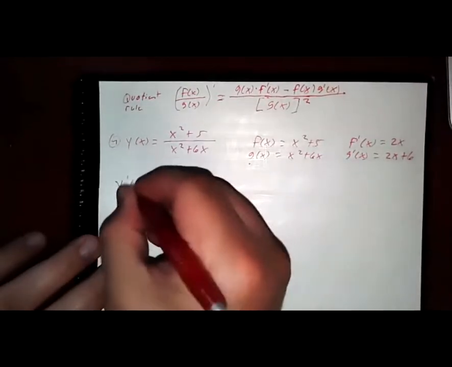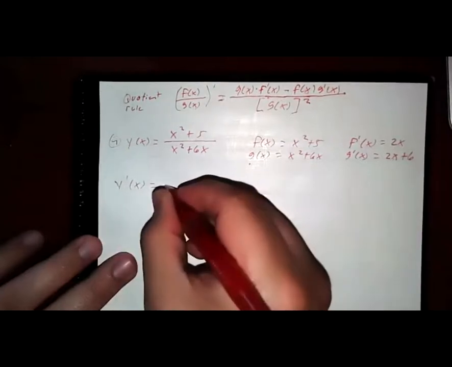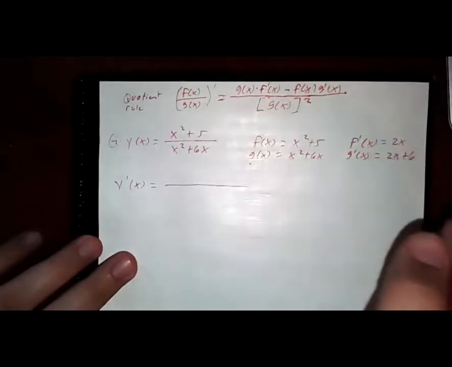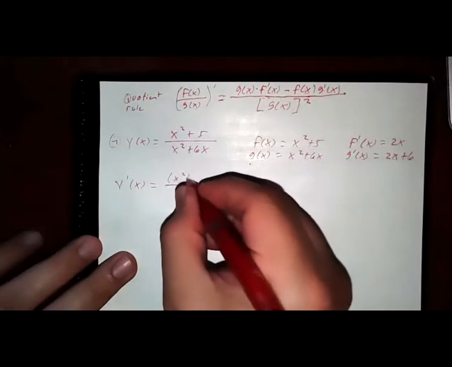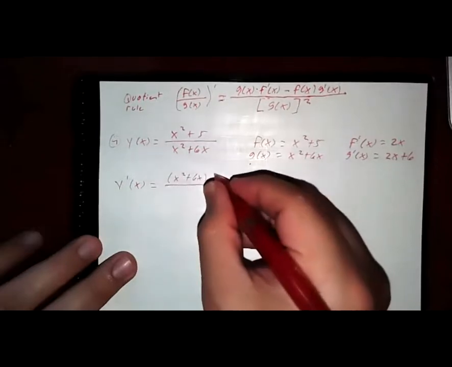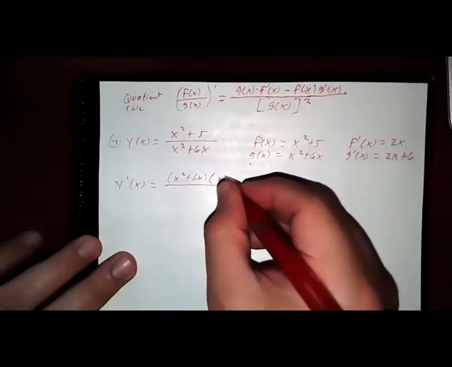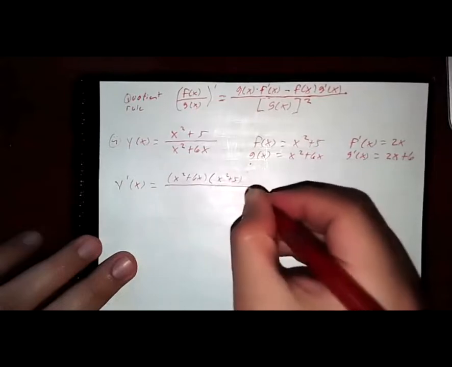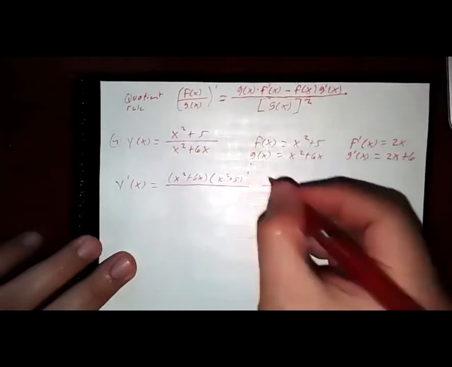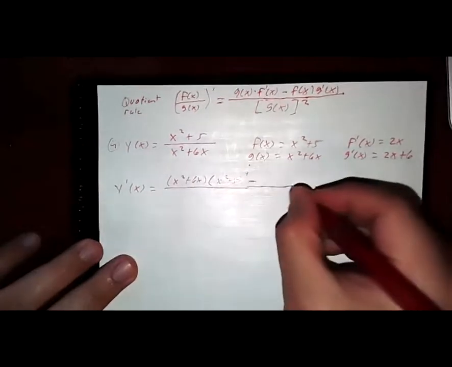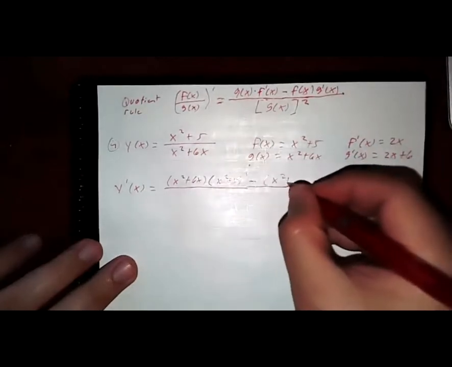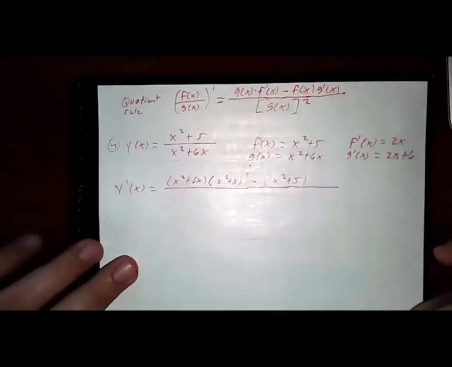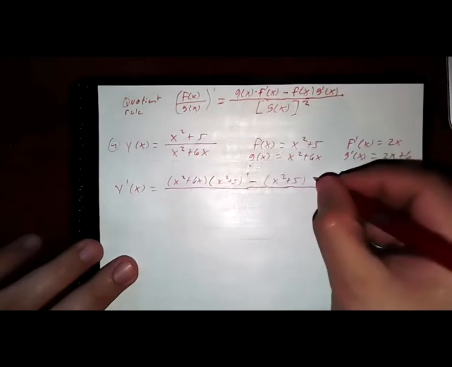So the derivative of this y function will be g times f prime minus f times g prime.